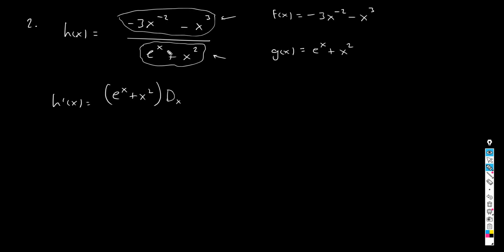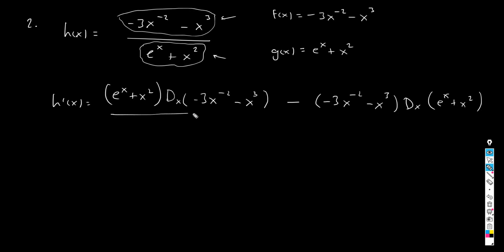The one below times the derivative of the one on top, minus the one on top times the derivative of the one below, over the one below to the square.